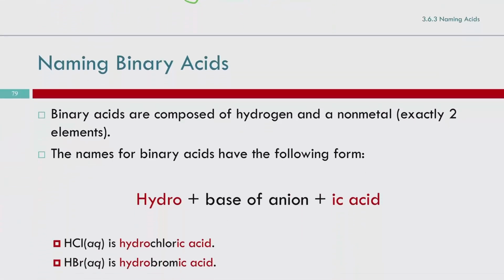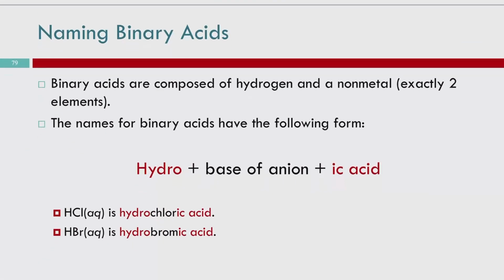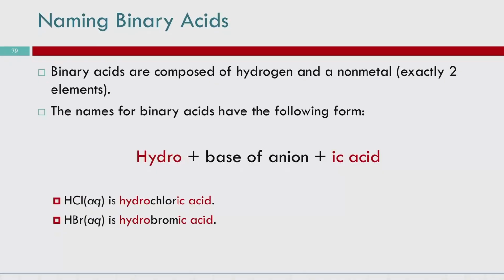For naming binary acids, where we just have 2 things, these are composed of hydrogen, the first thing that we'll see, and a nonmetal, which is the second thing that we'll see. Our naming convention for these is they start with hydro. This is unique to binary acids.